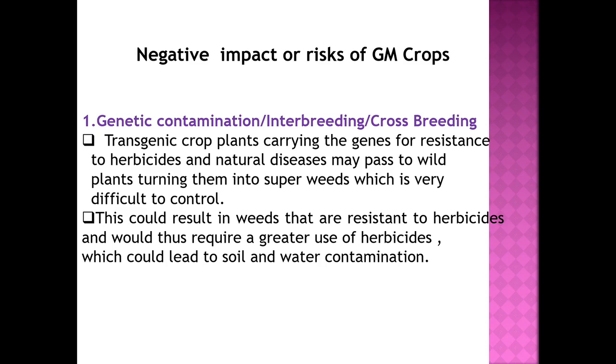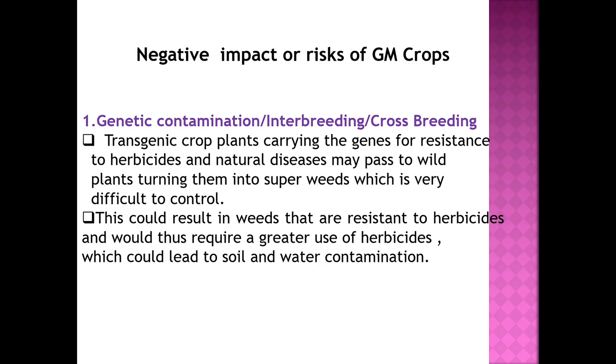Sometimes, because of interbreeding or cross pollination, that herbicide resistant gene may be transferred into another herb or another weed which is unwanted in the field. That weed also gains the herbicide resistant gene and starts growing luxuriantly in the field along with your crop.